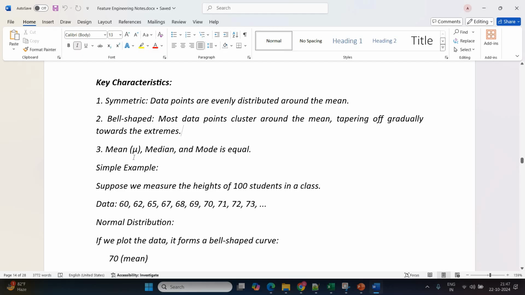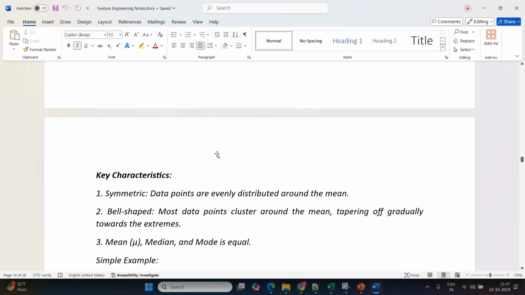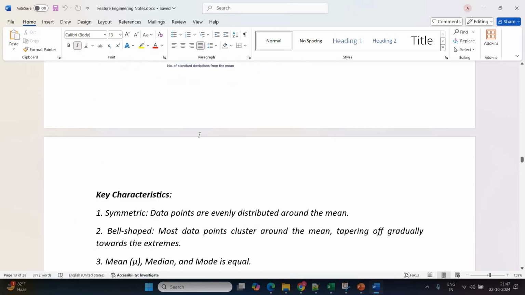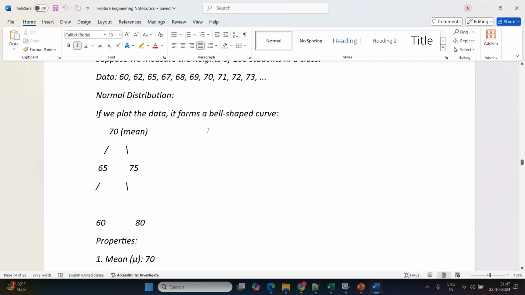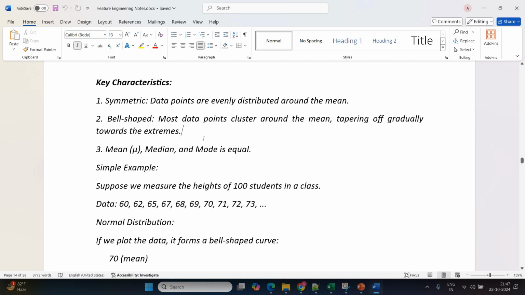Then comes the mean, median, and mode. All these values are equal for the normal distribution. So if you find out the mean, the median and the mode, all these values will come out equal to each other, right?